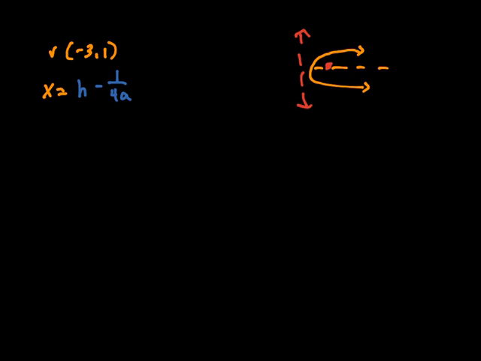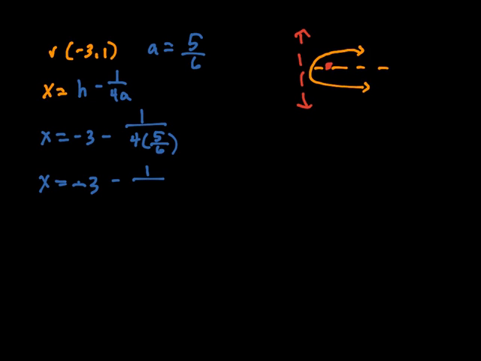What was a? A was 5/6. So x equals negative 3 minus 1 over 4 times 5/6. Do that again. 1 over, was it 20 over 6?